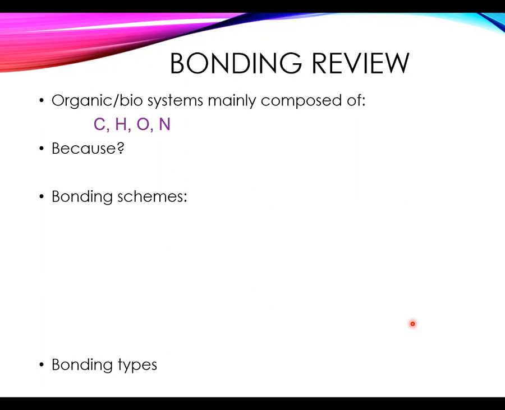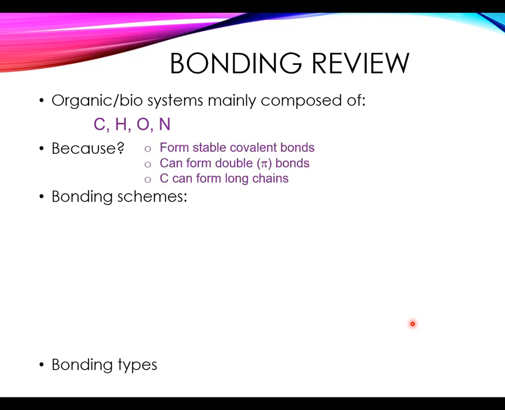Now, why these four? Why are these the most prevalent? Well, these are the ones that form stable covalent bonds. They can form double, in other words pi bonds, and they can form long chains, especially carbon in this case. So that makes them useful building materials.